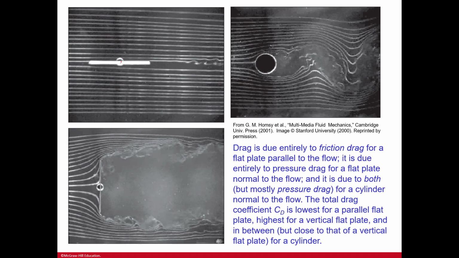And you can see it is due entirely to the pressure drag for a plate normal to the flow, and is due to both, but mostly pressure drag for a cylinder normal to the flow. The total drag coefficient, CD, is lowest for the parallel flat plate, highest for the vertical flat plate, and in between, but close to that of a vertical flat plate for a cylinder.